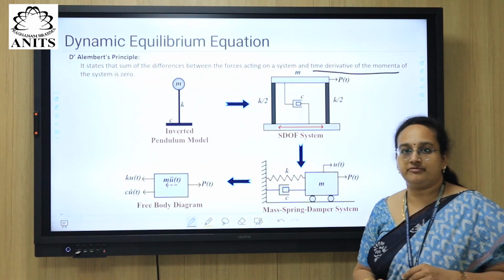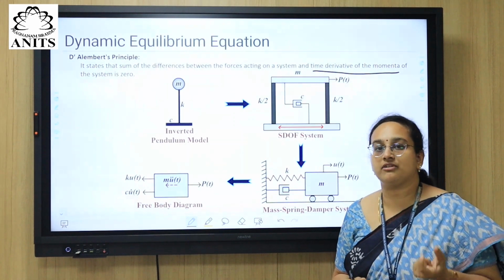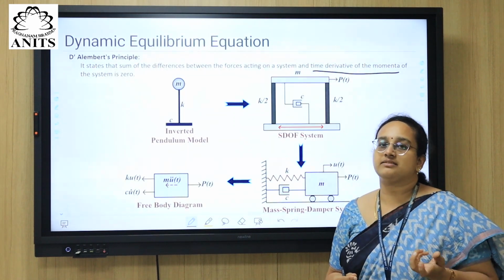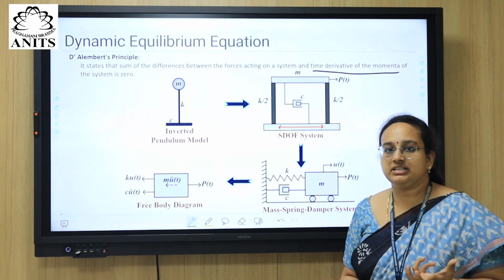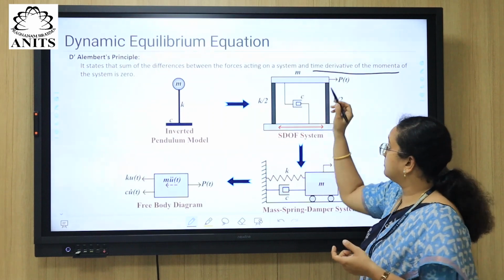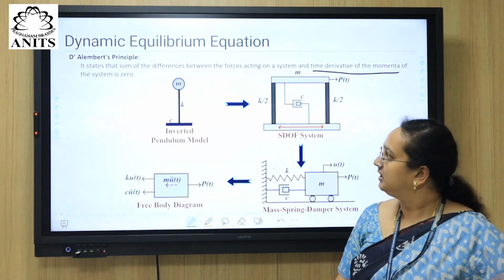What is time derivative of momentum? Momentum is mass into velocity, right? What is the time derivative of mass into velocity? It is mass into acceleration because mass doesn't have time quantity, so velocity varies with time. Now time derivative of momenta is acceleration. So m into a, right?